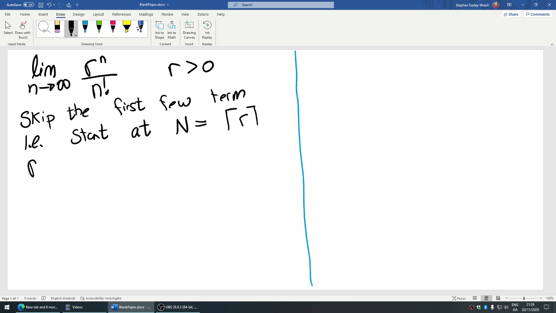So we want to prove now that if we have the sequence u_n equal to r^n over n factorial, where n is greater than or equal to N, this is decreasing.